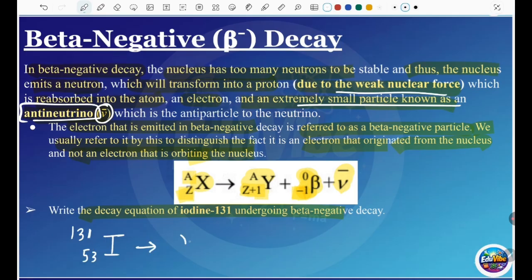When the reaction occurs, 131 remains 131, 53 plus 1 gives 54, and at 54 we have xenon, plus the electron, plus the anti-neutrino. You must not forget this bar sign, because it represents the anti-neutrino, not the neutrino. The neutrino we write differently. This is a neutrino.